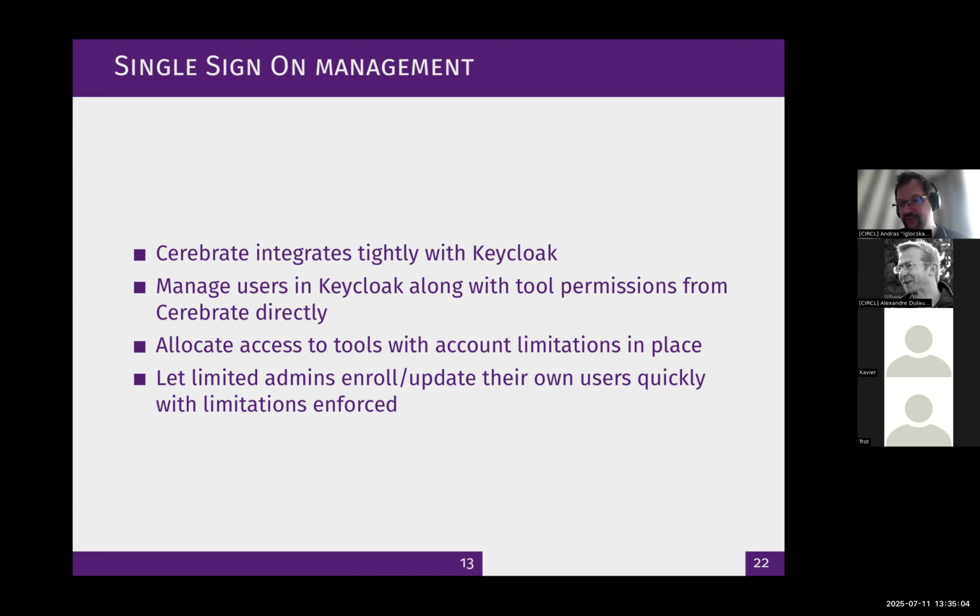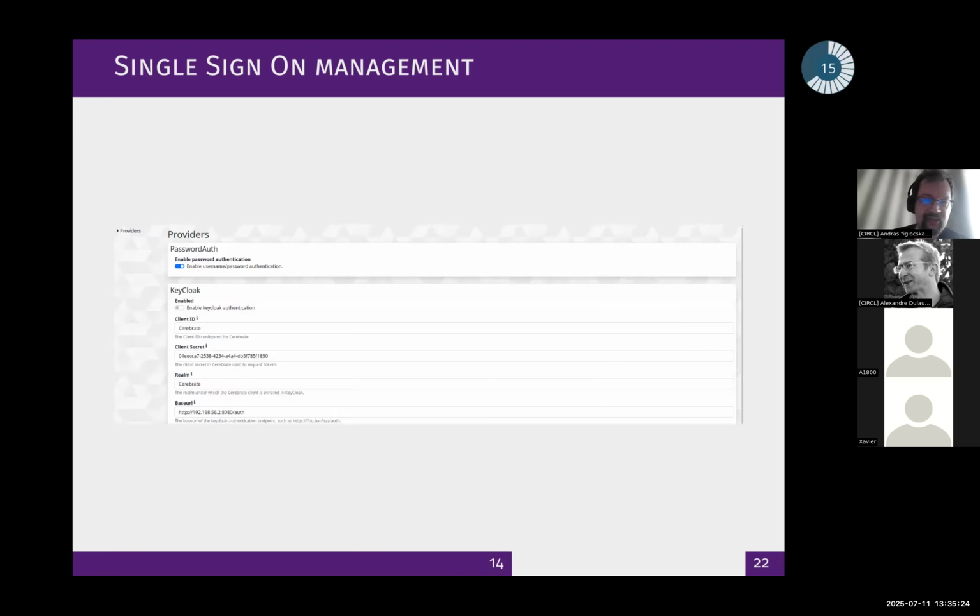Again, numbers of users that should be able to access certain features. You can also limit what permissions organizations can hand out to their members, and these would then be carried over to Cerebrate and through to Keycloak and through Keycloak to other tools that are connected to it.